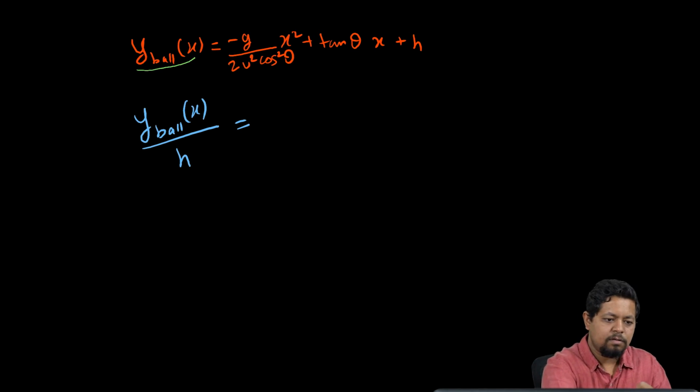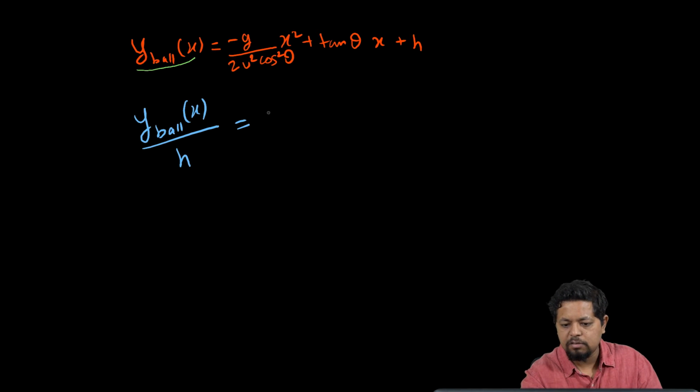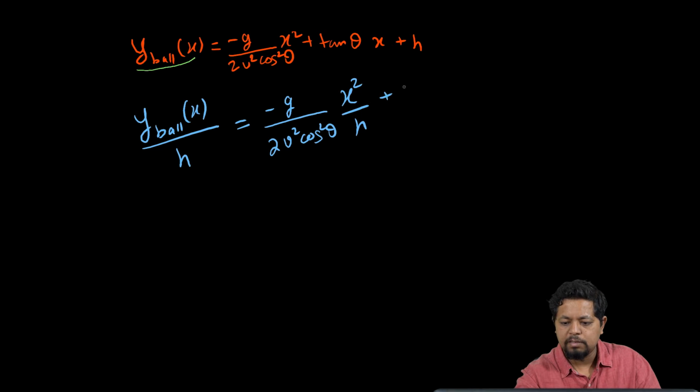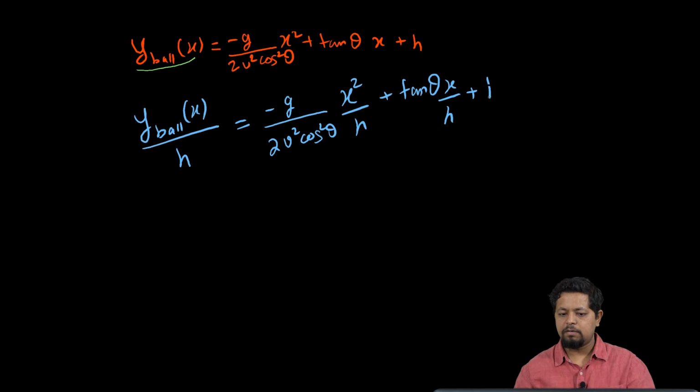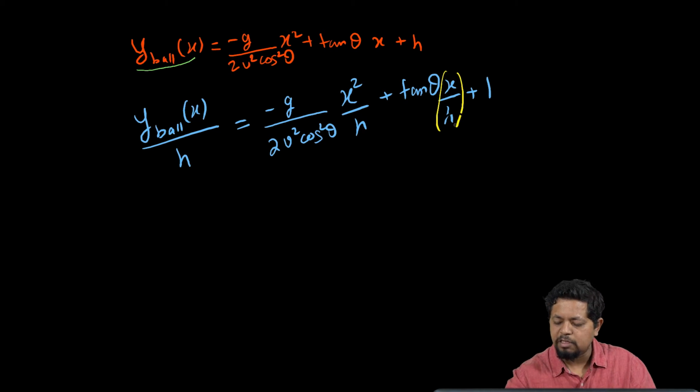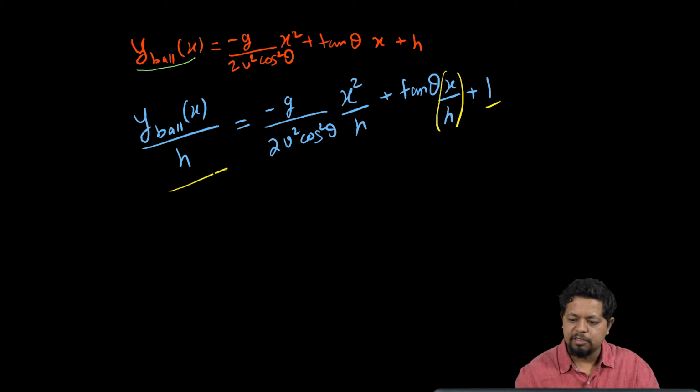x square here. When I do that, I get minus g by 2v square cosine square theta x square by h plus tangent theta x by h plus 1. Now it's interesting to note that this term is dimensionless, this term is dimensionless, and this term is dimensionless.